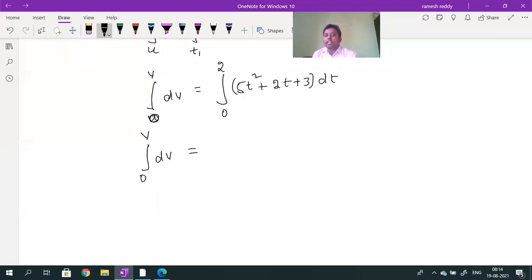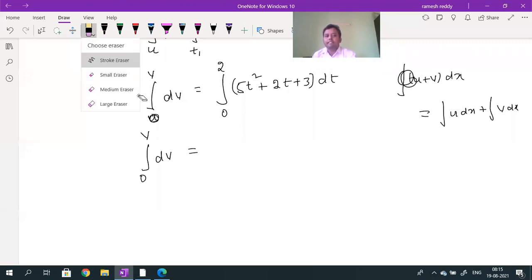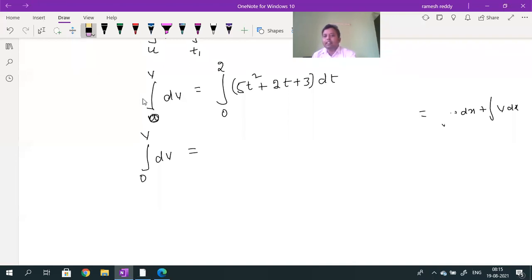Integration of u plus v into dx formula. What is integration of u plus v into dx? If it is there, splitting, which is equal to integration of u into dx plus integration of v into dx. So in this same method, what can I write here?